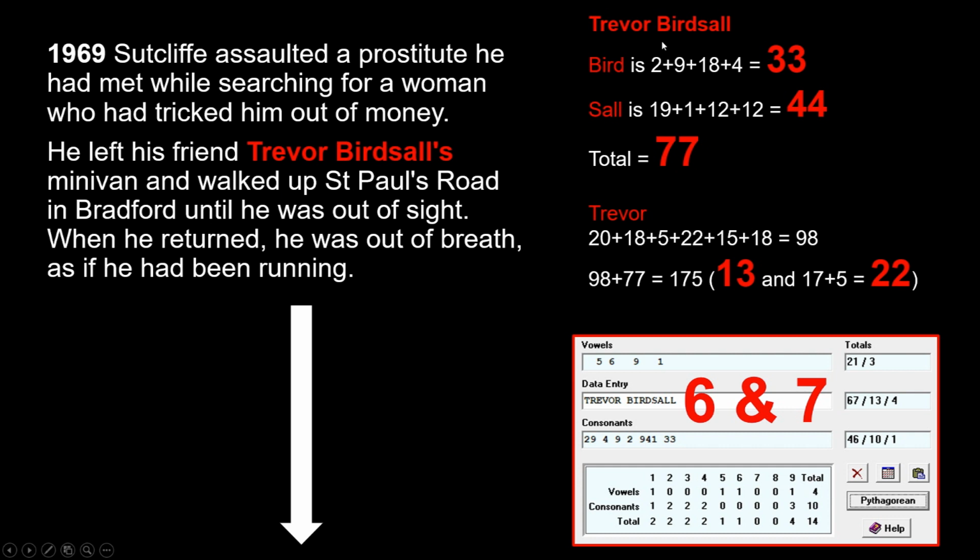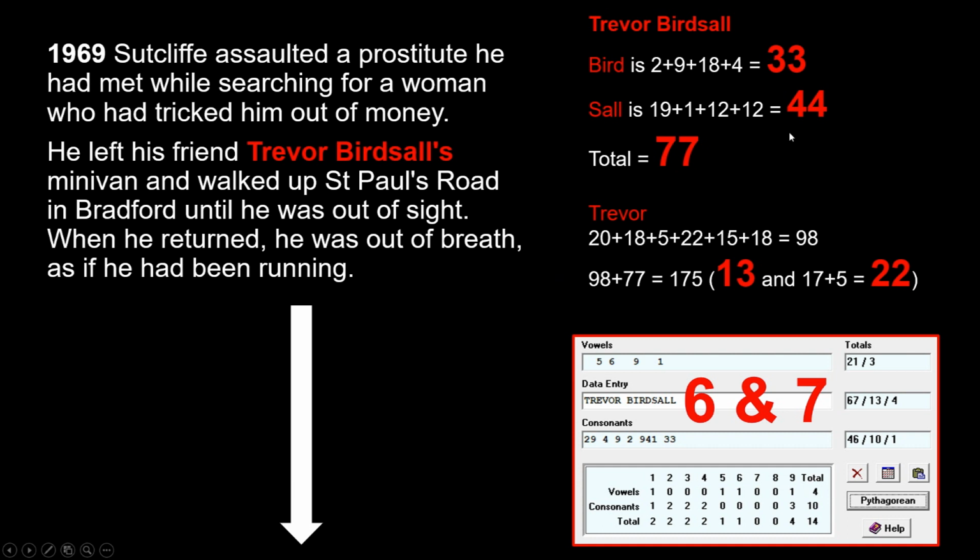But if we look up Trevor Birdsall, Bird is 33 in English and Sol is 44. So 2 key numbers there. Add them up and what do you get? You get 77. And Trevor adds up to 98.